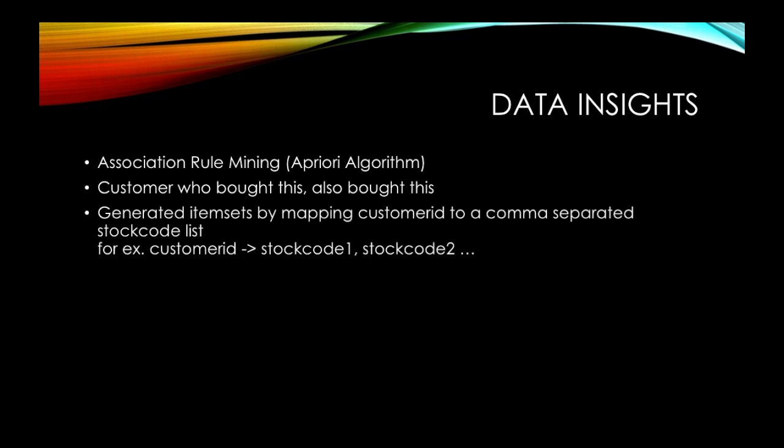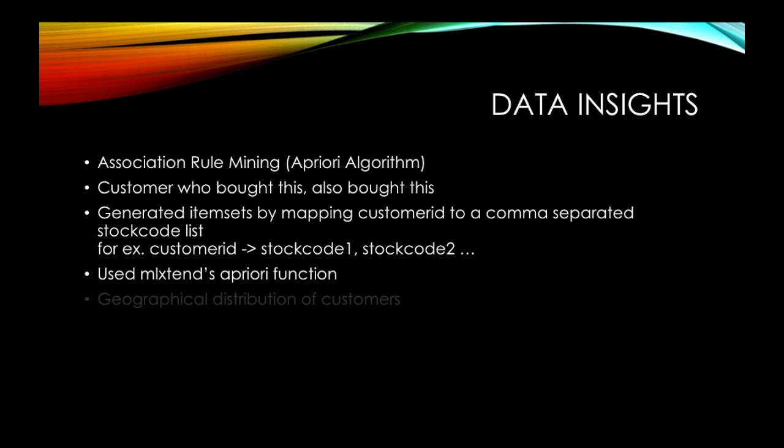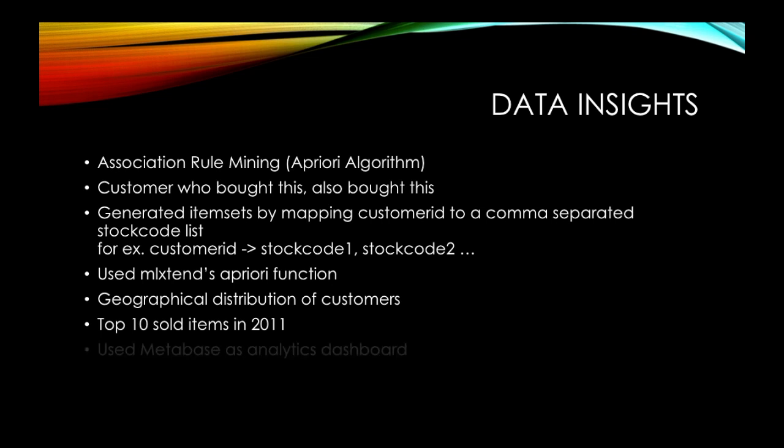For this, we generated item sets by mapping customer ID to a comma separated stock code list he purchased. Then we used MLxtend's Apriori algorithm to generate the frequent item sets. Along with that, we have also generated insights such as geographical distribution of customers and top 10 high selling items in 2011. These are the examples.